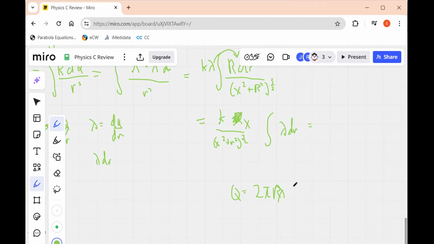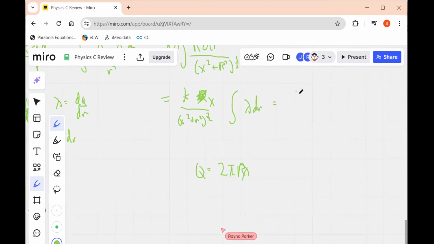So then we get 2 pi k times 2 pi r lambda times x over x squared plus r squared.